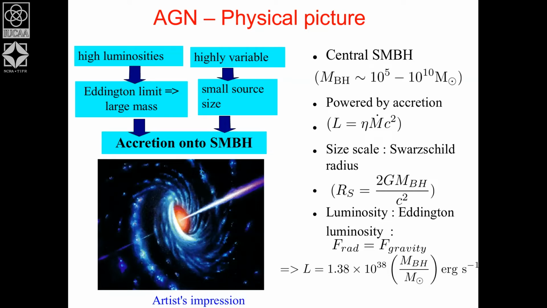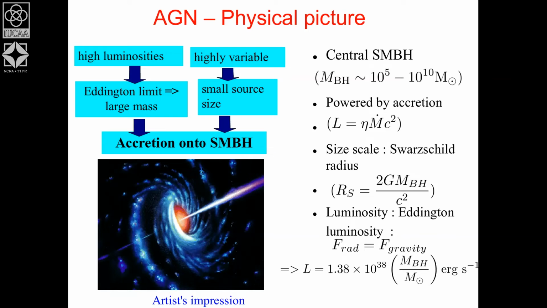So to summarize, the picture we have is that AGNs have a central supermassive black hole, which may or may not be rotating. The mass of the black hole is about 10 to the power 5 to 10 to the power 10 solar mass, and they are powered by accretion. The accreted power is being converted into luminosity with an efficiency eta.